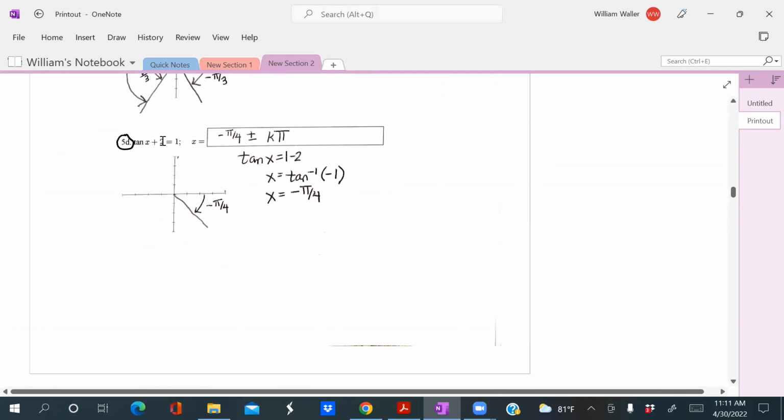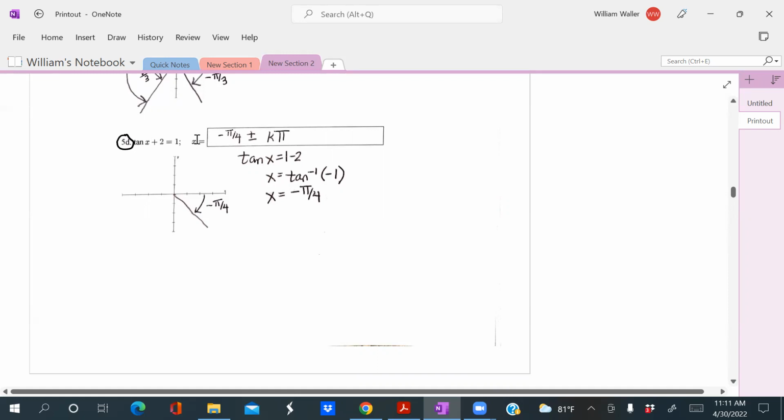And tangent behaves a little bit differently because tangent has a period of pi, not 2 pi. So when you find a basic solution to this equation, you only need to add on multiples of pi, not 2 pi, because the tangent function repeats every pi units.